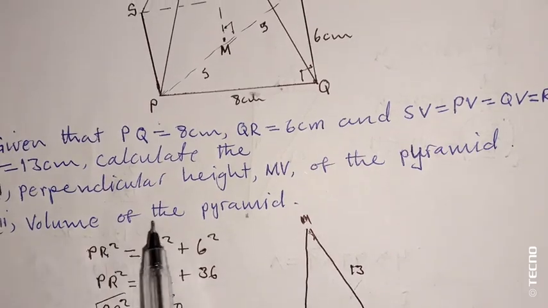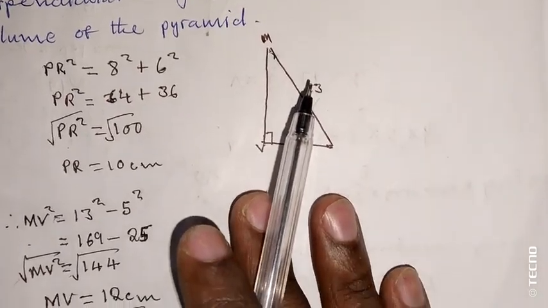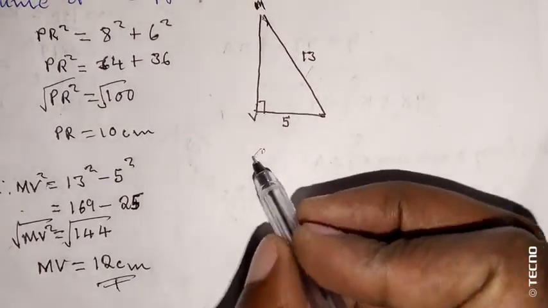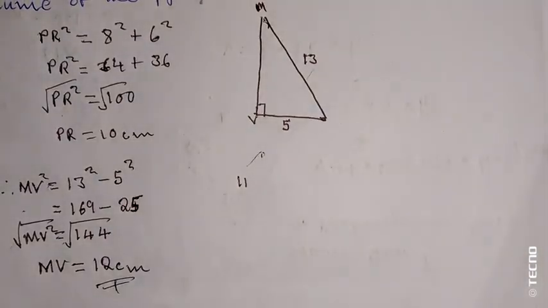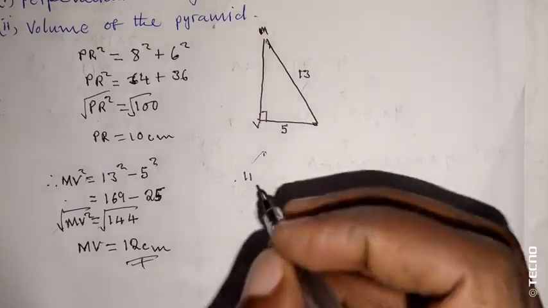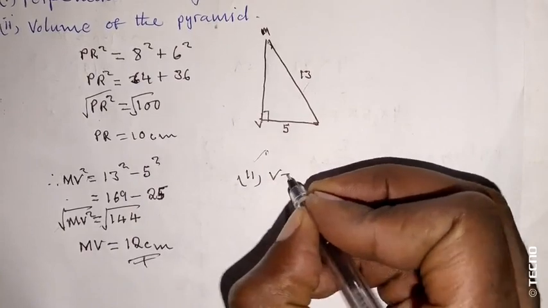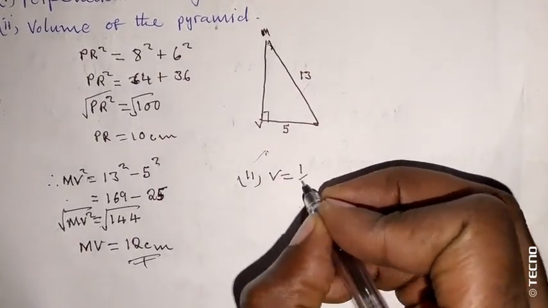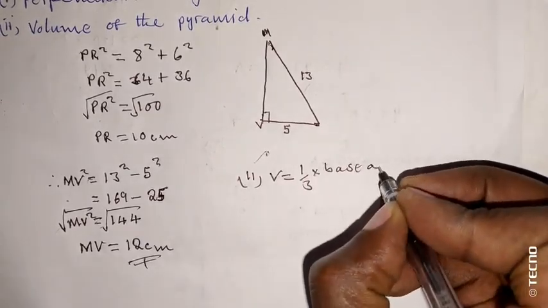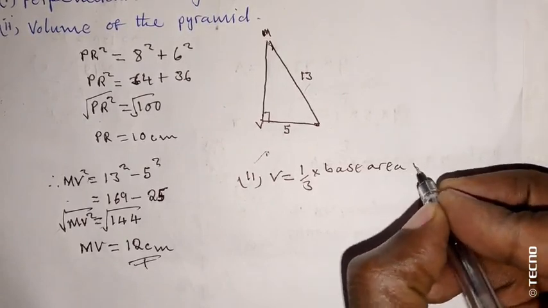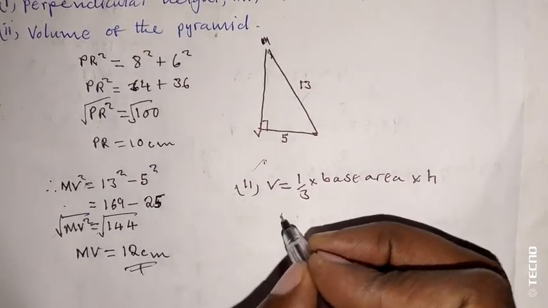Then the volume of the pyramid. Remember the volume of the pyramid. The volume of the pyramid, V, is equal to 1/3 times base area times H. This is the formula that we are going to use.